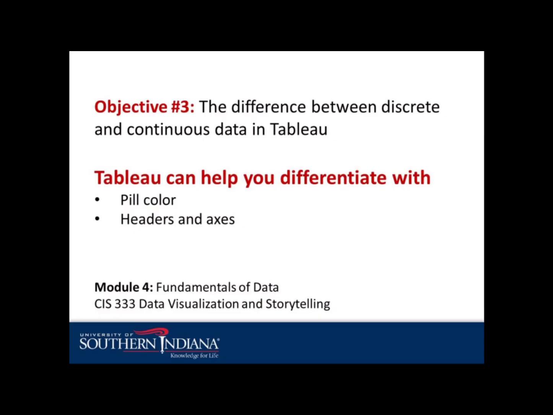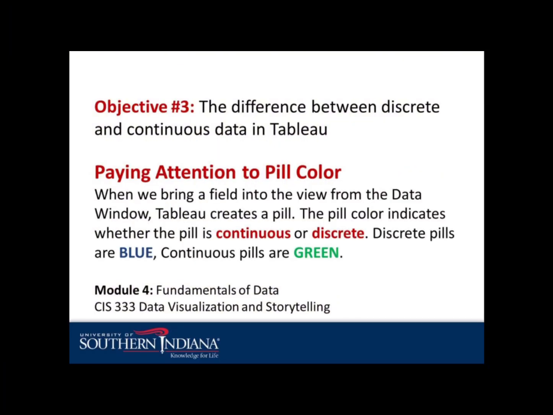So how do you determine when you're working in Tableau what's the difference between discrete and continuous data? You'll get to know that more as you use it, but here are some tidbits to help you identify the difference. Two ways: pill color, and headers and axes. So pill color.